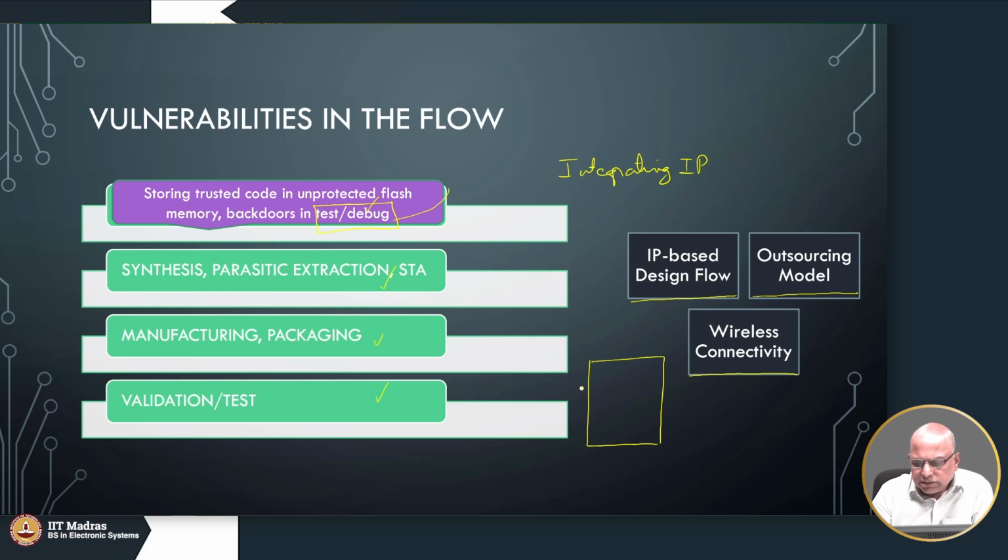Similarly, scan chains can be used for debugging. A boundary scan can be used for debugging. Now, if you can read the content of a register and pass it on, how hard is it for you to read, let us say, a password stored in some memory? So, test and debug architecture can be misused to steal information from a chip.